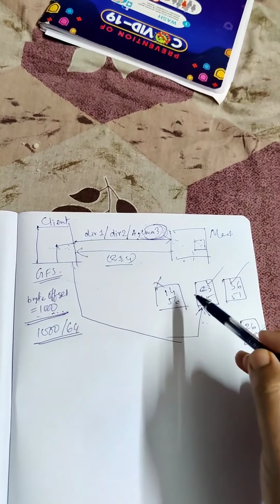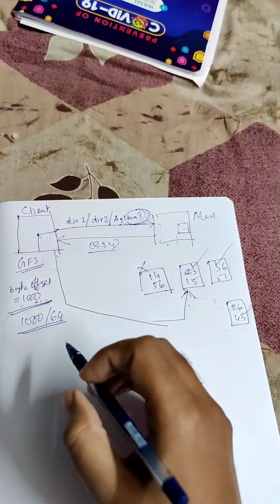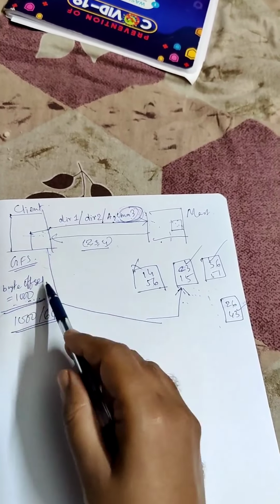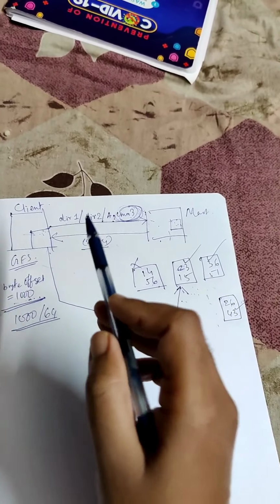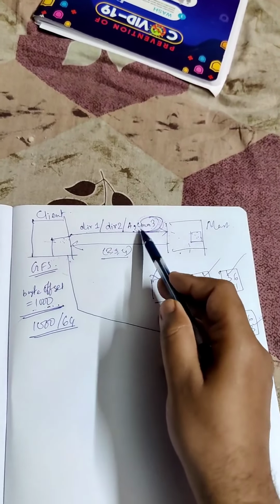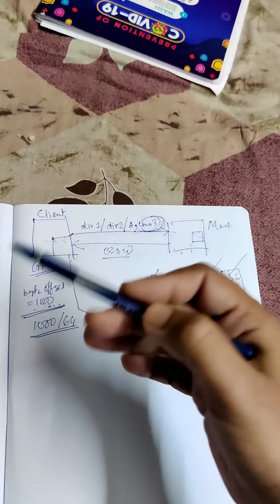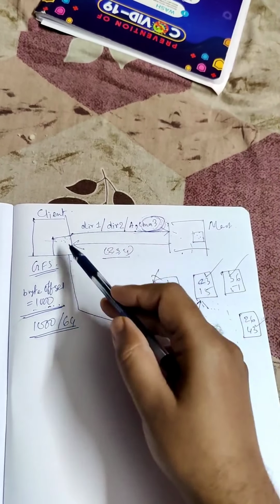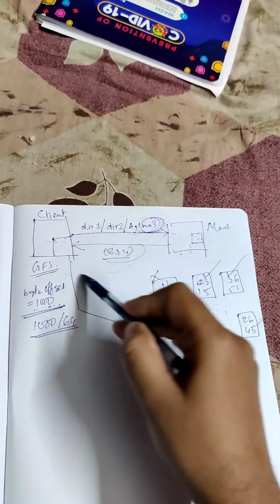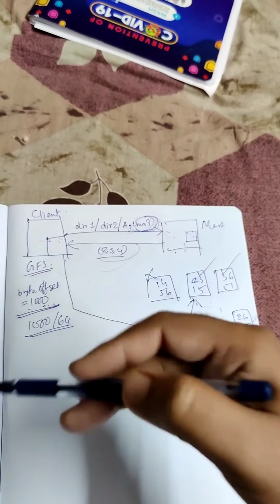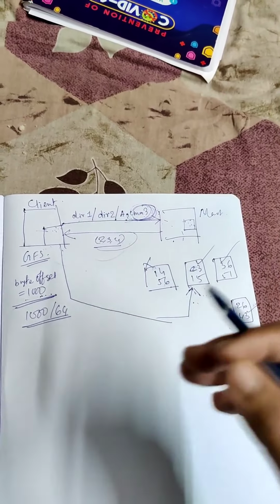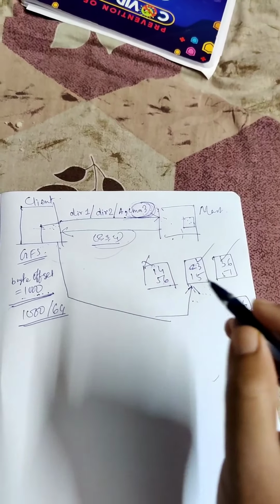The GFS software takes the responsibility for reading the data. The master will return all the locations to the client the first time. From the next time onward, the GFS client will manage it. If the client needs to request chunk number 3 again, it won't call the master because it already knows this information, 2, 3, 4. So based on this information it will make its calls for reading, and while doing that it will see which one is the closest.